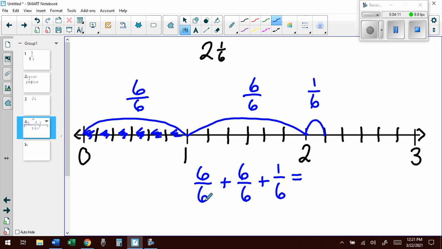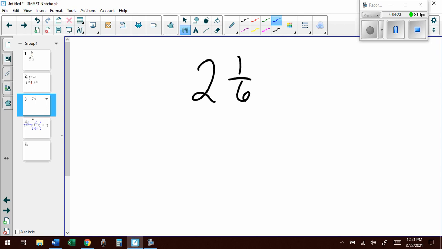Our denominator is 6, 6, 6, 6. 6 plus 6 is 12, plus 1 is 13. So in answer to the question, what fraction greater than 1 is equivalent to 2 1/6? The answer is 13/6.